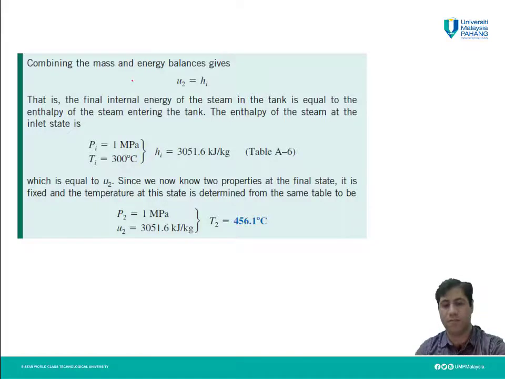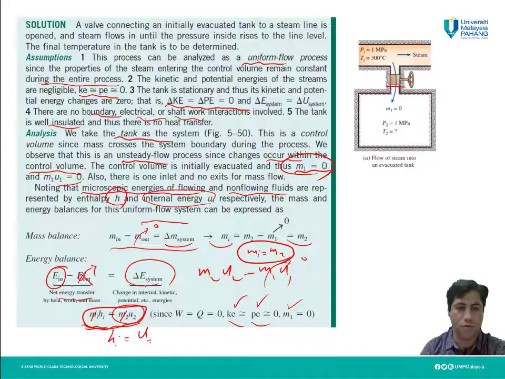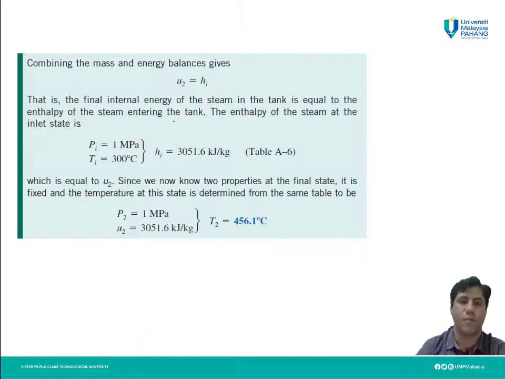Combining the mass and energy balance, by the mass balance we found that we have m1 equal to m2. In other words, m1 and m2 here are identical, so we can cancel them and we can just write h_i equal to u2.